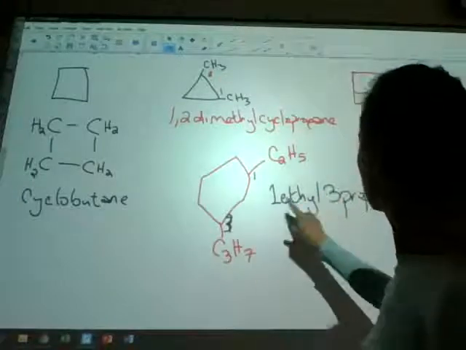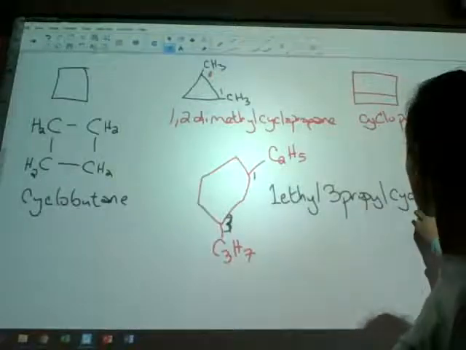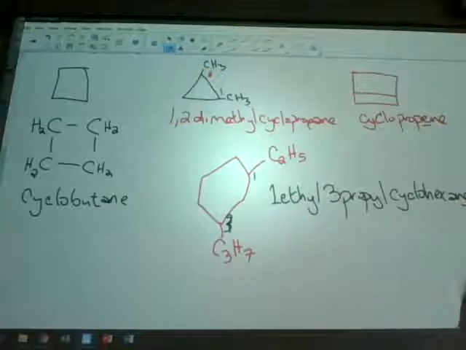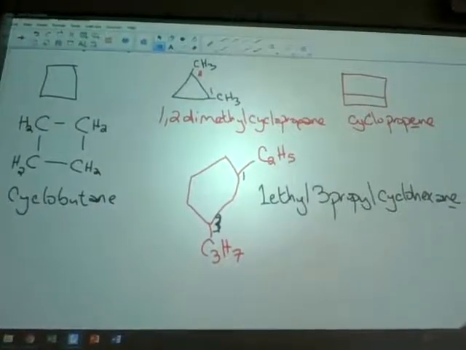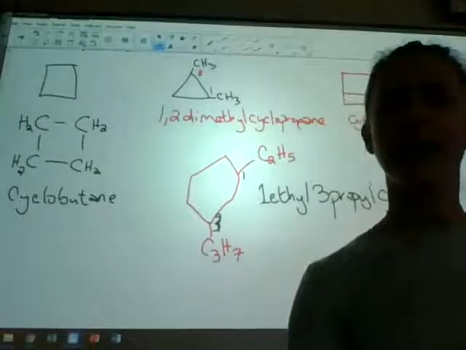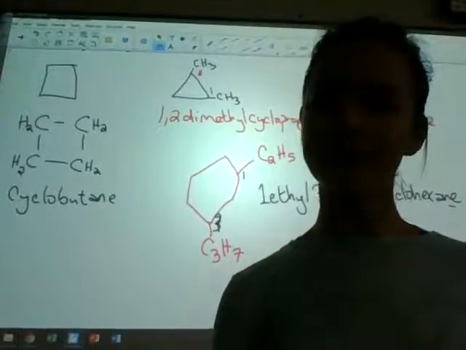On the third carbon, there's a 3-carbon branch, and it is a cyclic 6-carbon single bond only structure. So there's your whole name for it, 1-ethyl 3-propylcyclohexane. Okay, so those are just some examples to start you off.